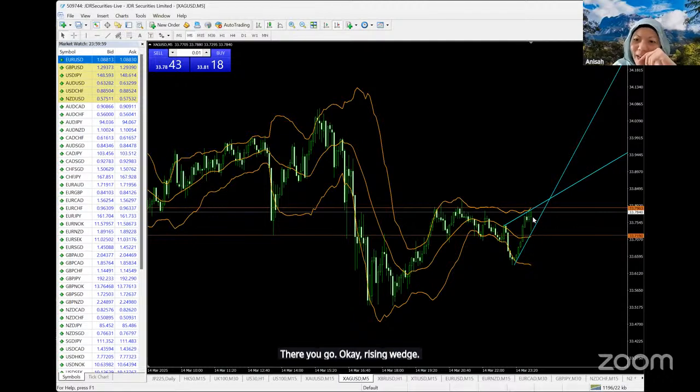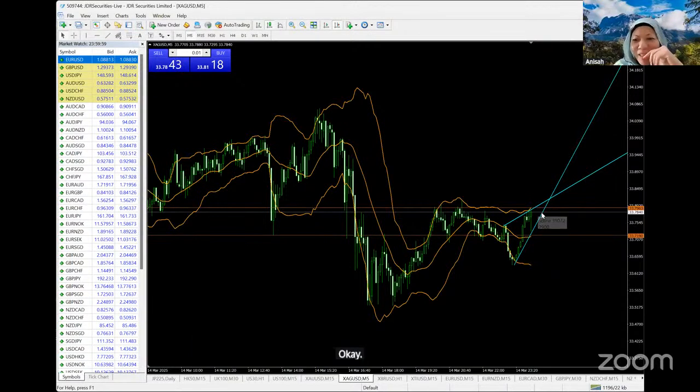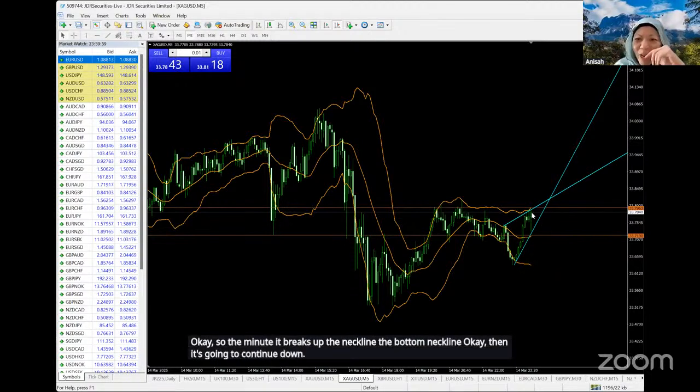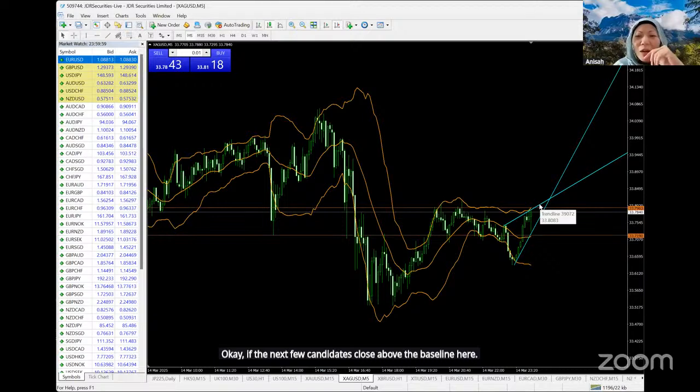Oh, this is a 5 minute chart, yeah? Keep in mind this is a 5 minute chart. The minute it breaks the bottom neckline, then it's going to continue down. If the next few candles close above the baseline here, then the probability is the price is going to move up.